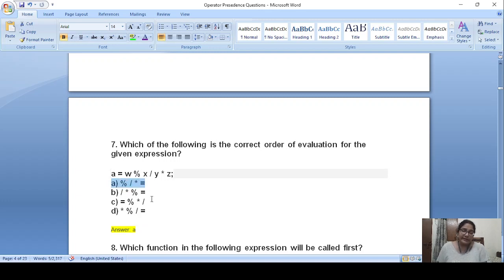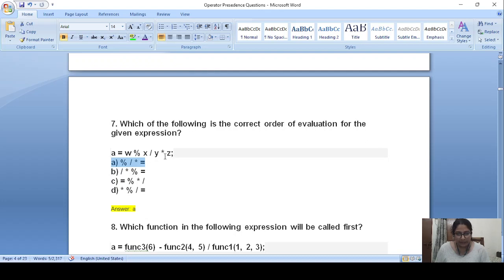If you are sitting in an exam and you get a question like this, don't go further. Just go to the next question. Don't try to evaluate the full expression. But here I will tell you, X will go with remainder. Okay, fine. Then here comes Y. Y will have two operators, division and multiplication.